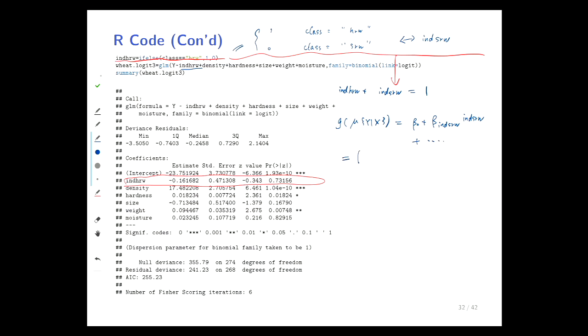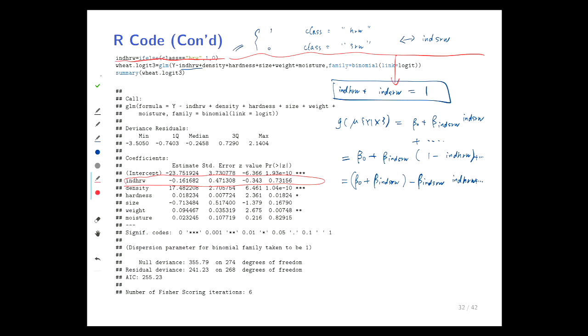If we plug in this relationship between the two indicator variables, INDSRW equals 1 minus INDHRW, plus so on and so forth. If you rearrange this equation, we obtain beta 0 plus beta INDSRW, and then minus beta INDSRW times INDHRW, plus so on and so forth.